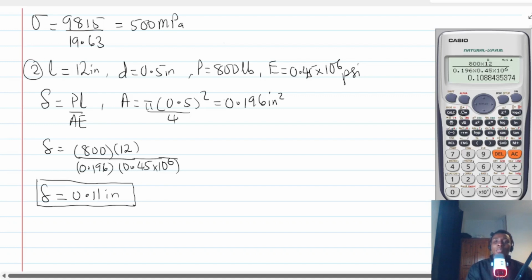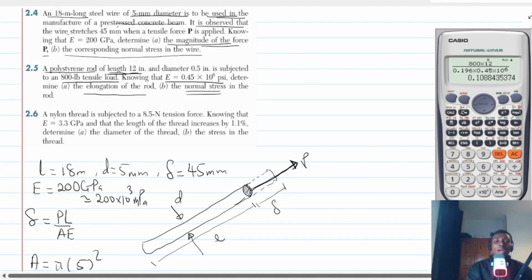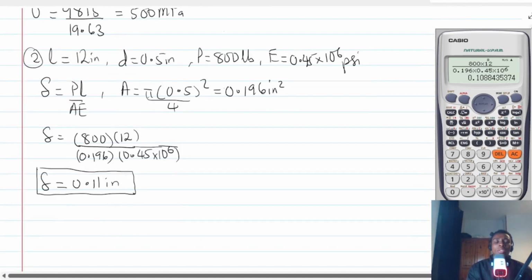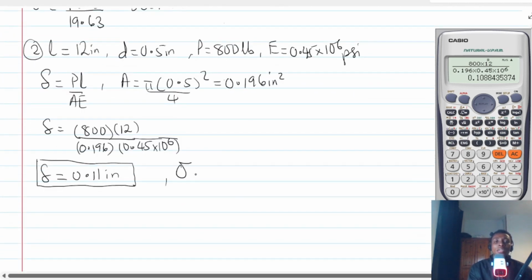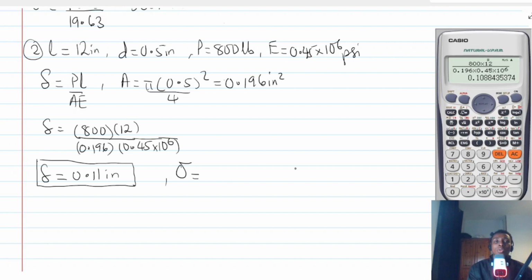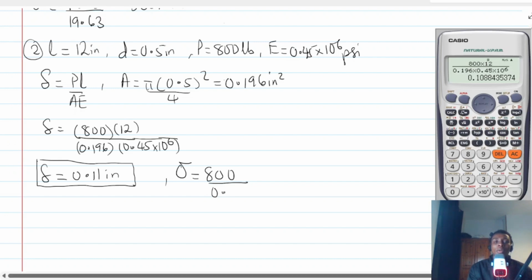Now the next part of the problem says we should calculate the normal stress in the rod. So the normal stress in the rod is sigma, which is as a result of the load. So it will be the load divided by the cross-sectional area, which is 0.196.